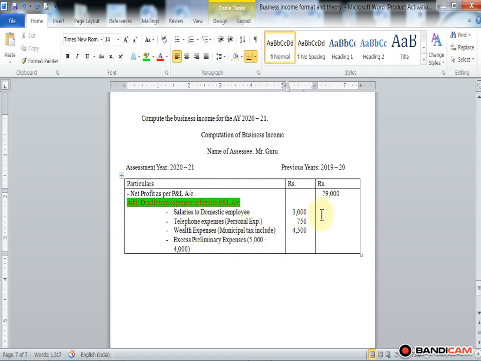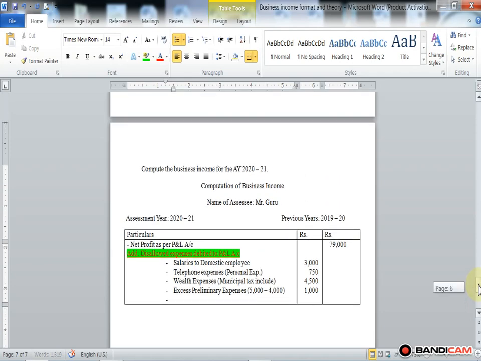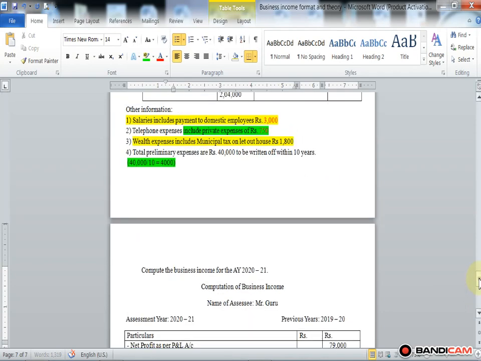Okay, so here 1,000 is disallowed. Okay, then next, now we add all adjustments to net profit, all adjustments related to personal expenses. So we add all these adjustments in net profit.